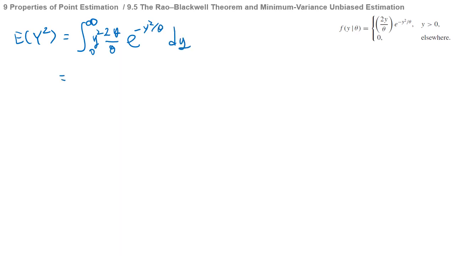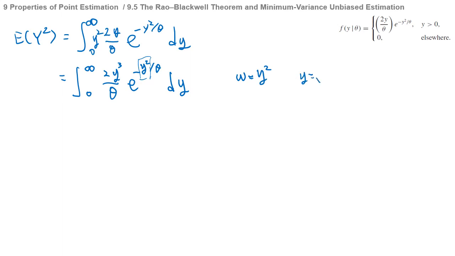So this is from 0 to infinity, 2y cubed over theta, and e to the minus y square over theta dy. And actually this integration is difficult to solve because of this part. So probably one option is to define w as y square, and use a change of variable. Then y is the square root of w, or w to the 1 over 2.